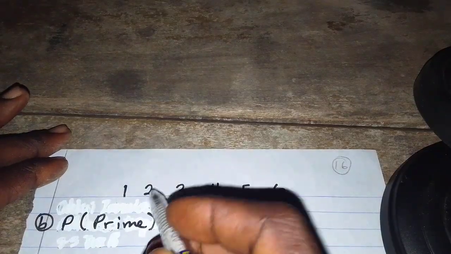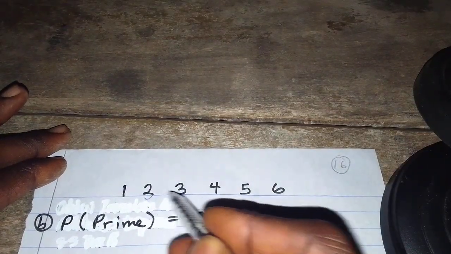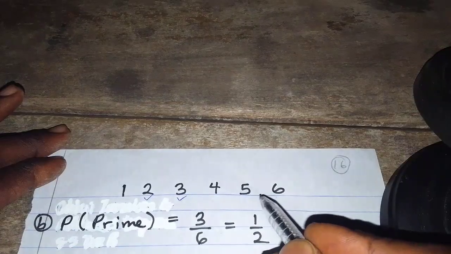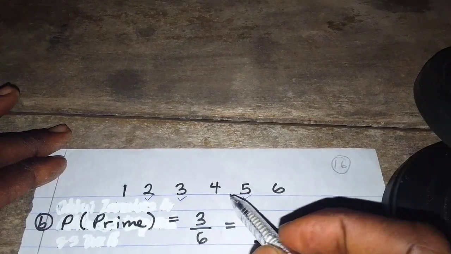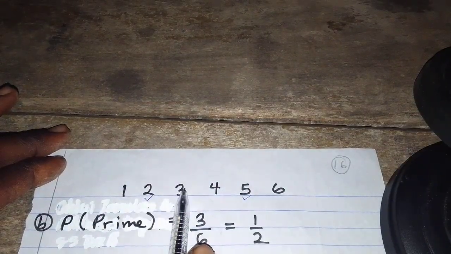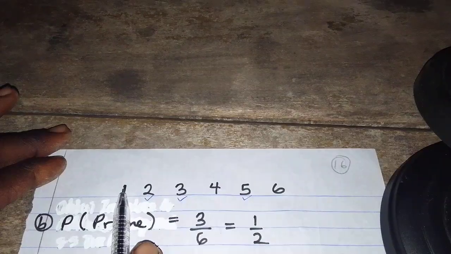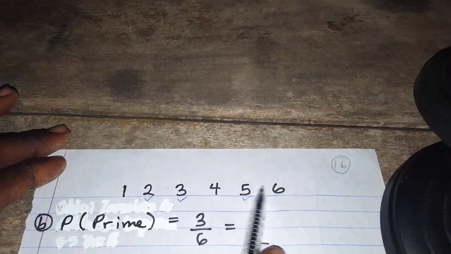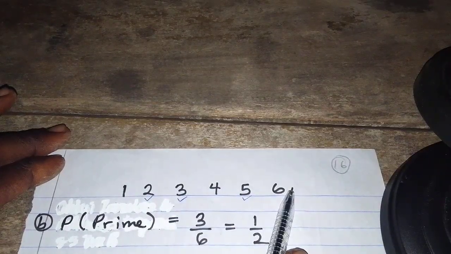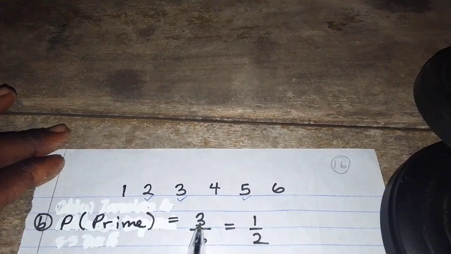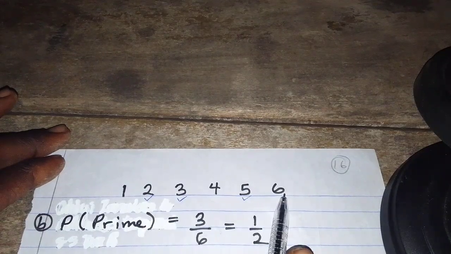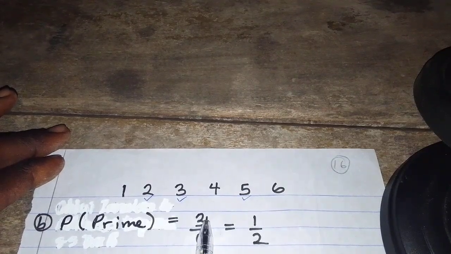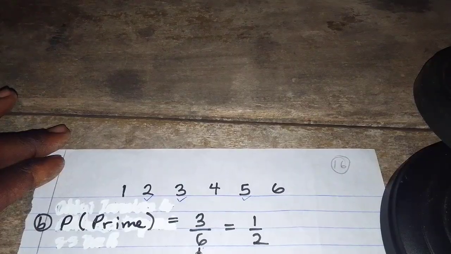So the prime numbers here are 2, 3, and 5. How many prime numbers do we have? 1, 2, 3. So in one cast of a die, the probability of getting a prime number is 3 over the total number of outcomes, 6. 3 over 6 in the lowest term gives us 1 over 2.